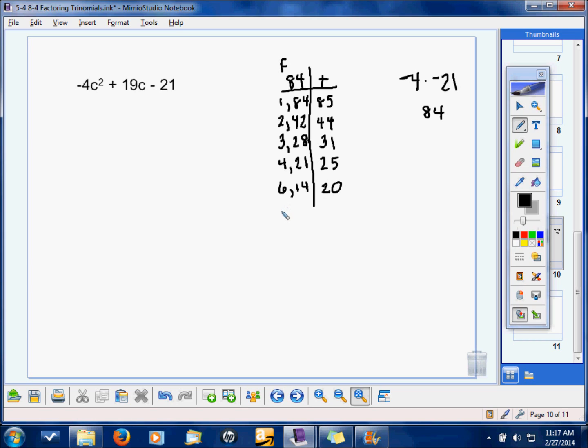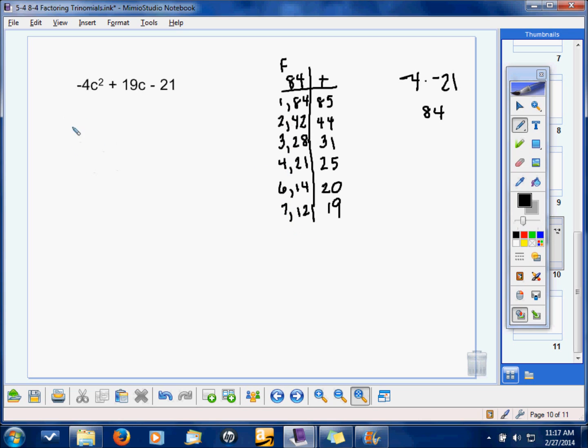But what about 7? Oh yeah. 7 times 12. There it is. So it took us a little while to get there, but that particular factor combination probably didn't just jump out from the beginning. So the fact that we went in a systematic way helped you to actually find it.